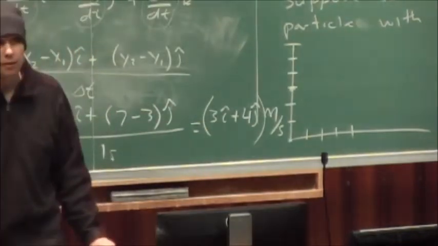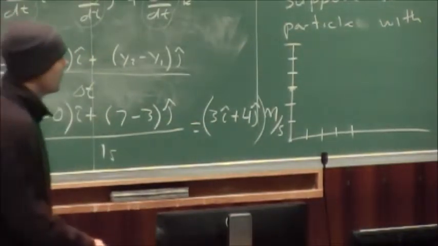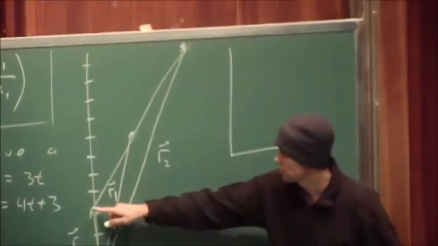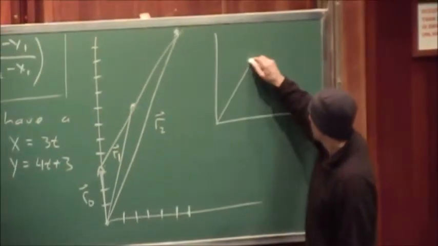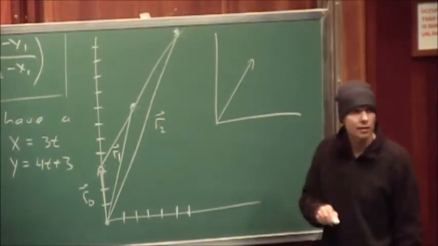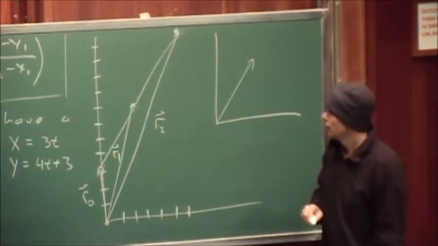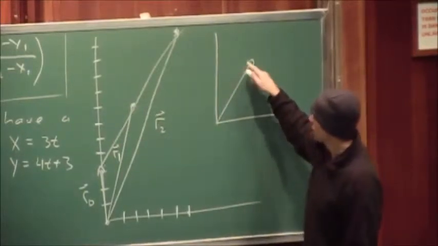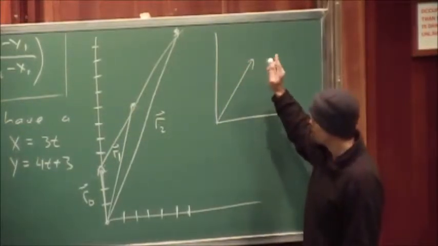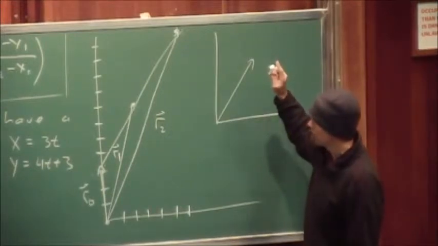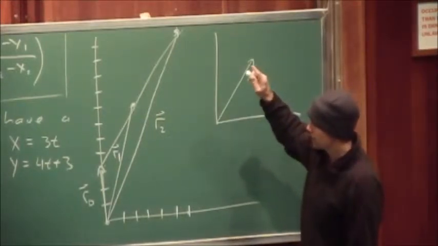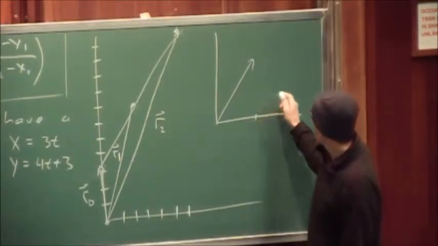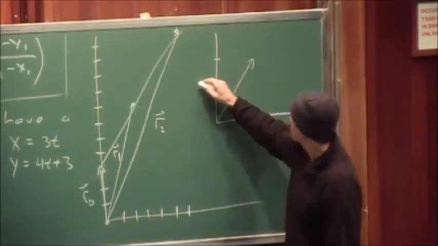And what's the angle? How would we find that? So literally what I'm asking is, if I were to look at this displacement vector, it comes out like this. Okay? Sorry, what I'm drawing up here is my total velocity vector. I have a component that goes out 3 units in x and 4 units in y.